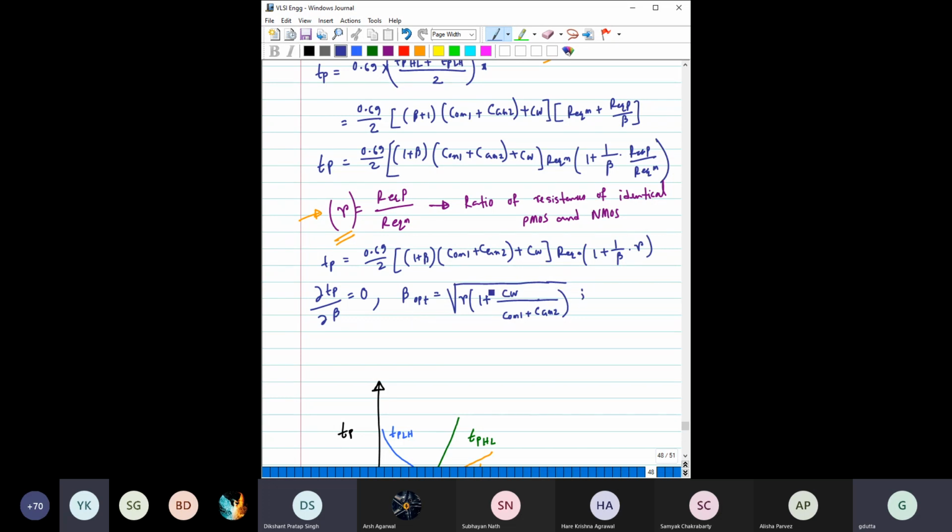Now here is one simple assumption from which we can take much more of a conclusion. When CW is much lower, meaning the wiring capacitance is much lower than these two capacitances, the output capacitance of NMOS and the gate capacitance of this NMOS, then this part can be neglected.